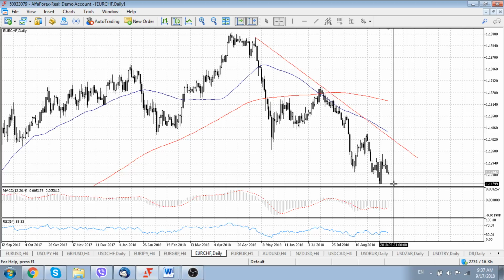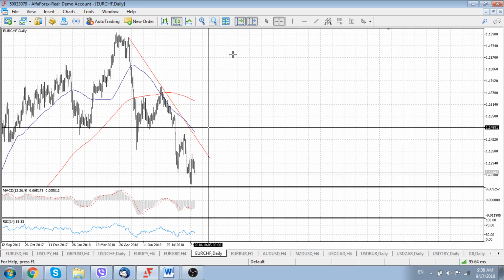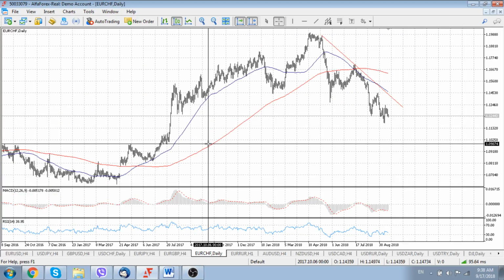In case of further deepening, for example to the psychologically important level of 110, it will also be very interesting how the SNB will react, by a new round of intervention to prop up the weakness of the Swiss franc, or by some other instruments. We will see during this week the SNB monetary policy decision, monetary policy meeting.